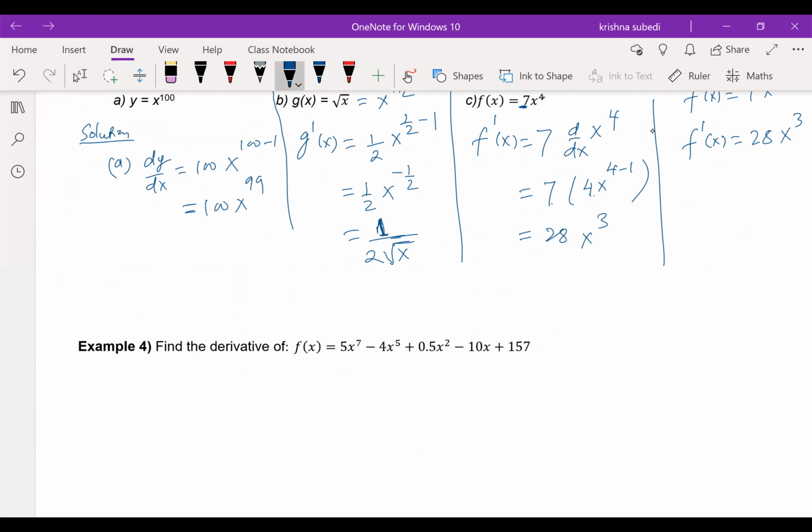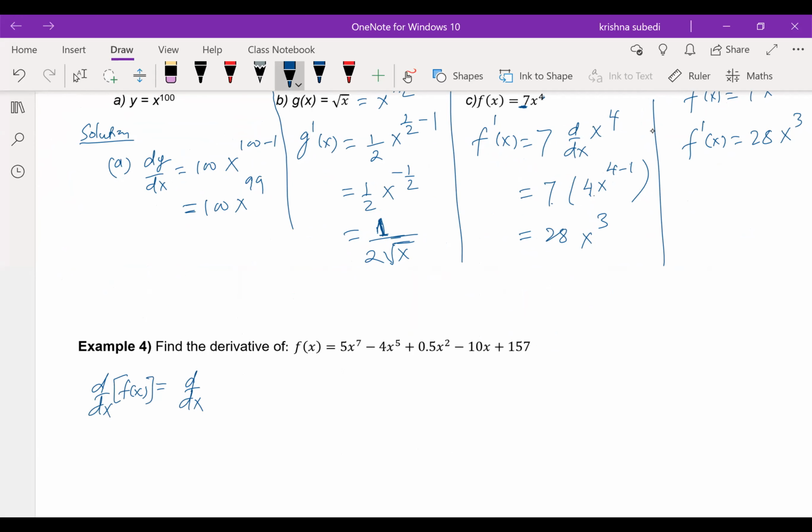Find the derivative of f of x equals 5x raised to power 7 minus 4x raised to power 5 plus 0.5x squared minus 10x plus 157. So the derivative is d over dx, or you can write d over dx of f of x or f prime of x, doesn't matter.